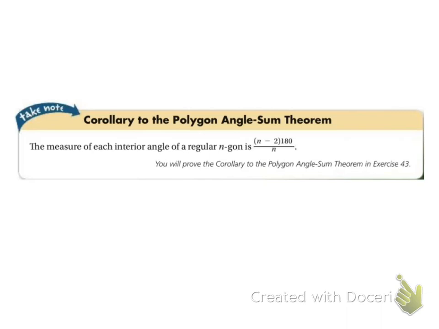That's why we can use this. This top bit up here was our angle sum theorem. We said the angles inside of an n-gon add up to be this much. Well, if a polygon has n sides, it also has n angles. So when we divide by n, we're dividing by the number of angles, and we get how much each angle should be.